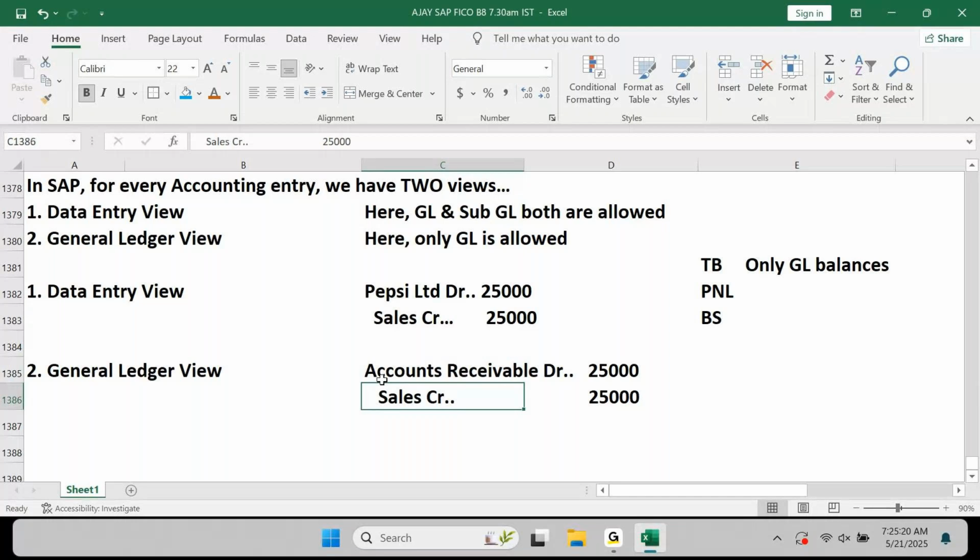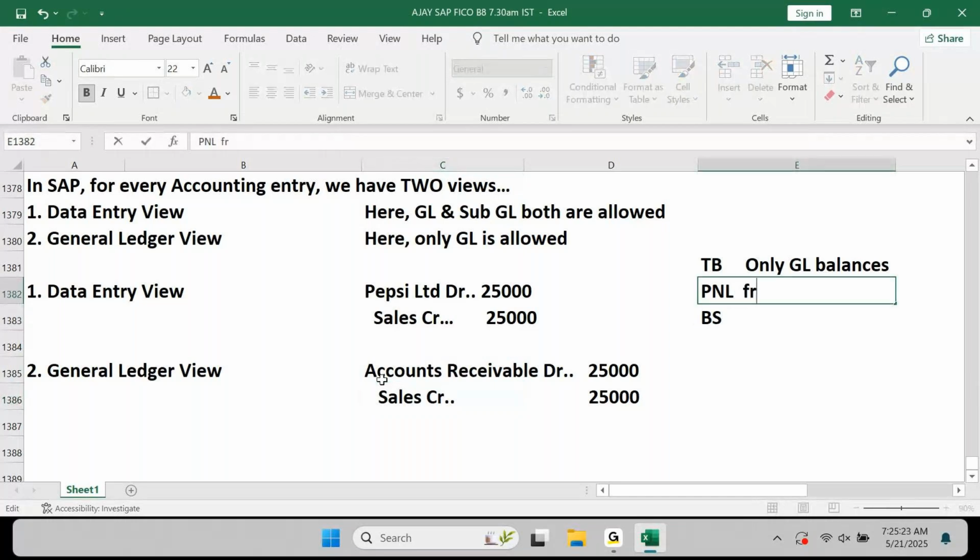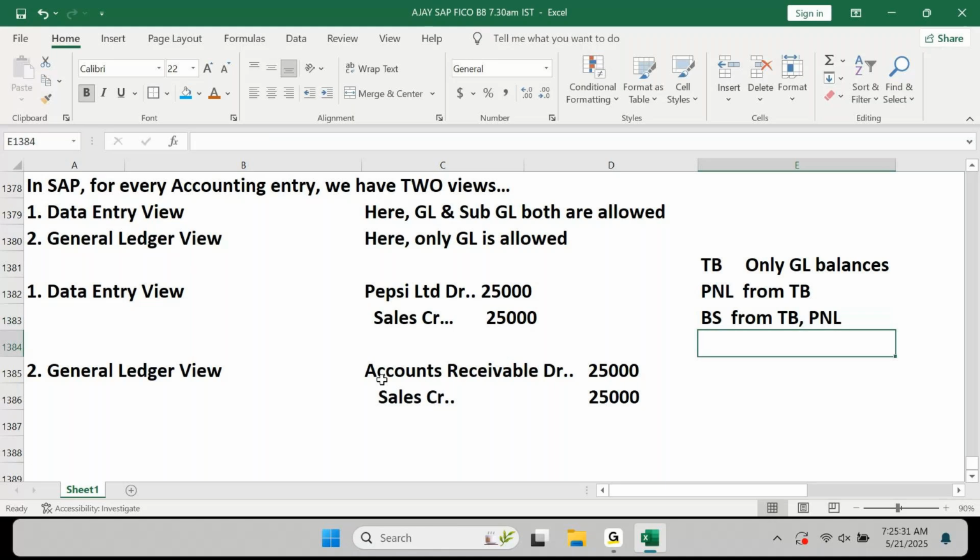And P&L is prepared from what? From TB. This is also from TB. From P&L you will take profit. From TB you will take all other points, your closing balances. Now, are we considering subledger anywhere in TB, P&L, balance sheet?